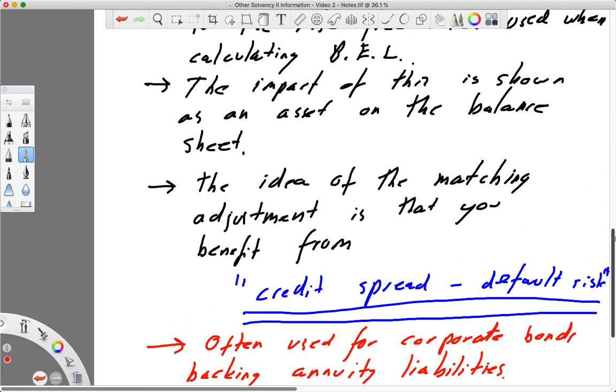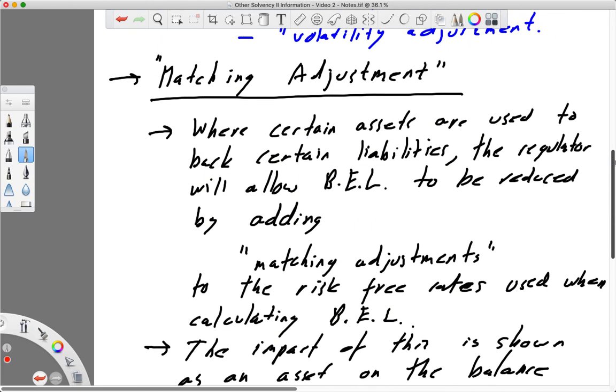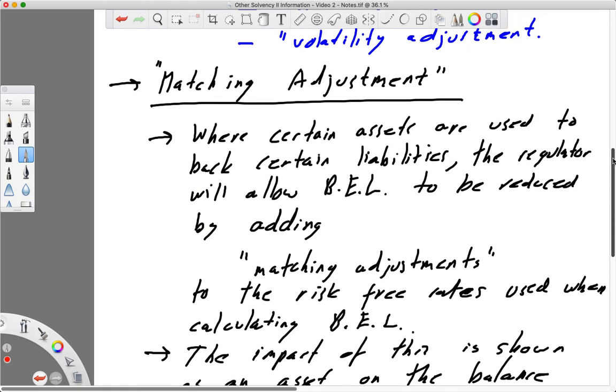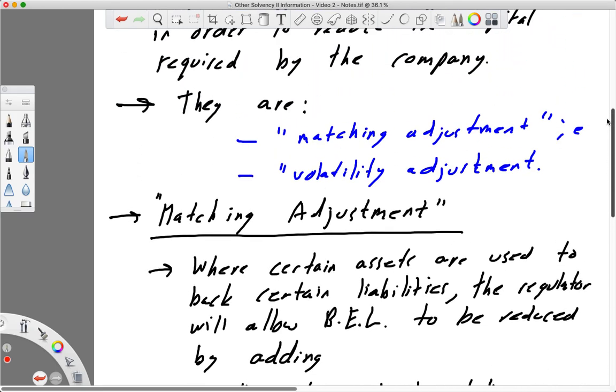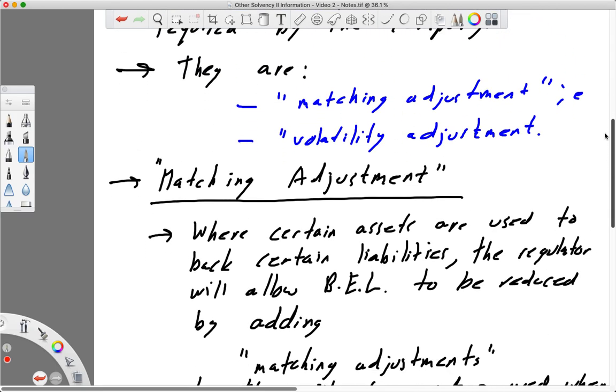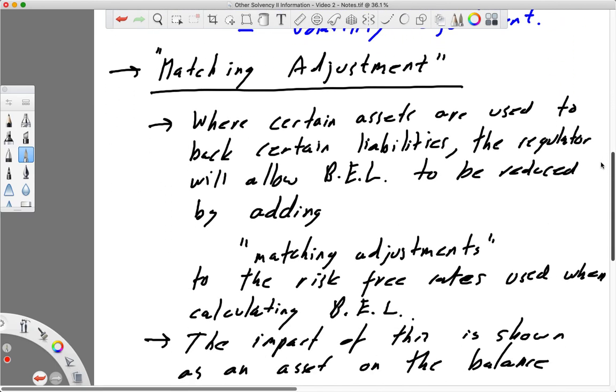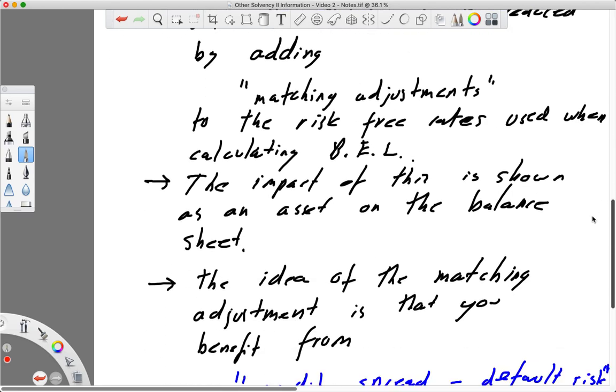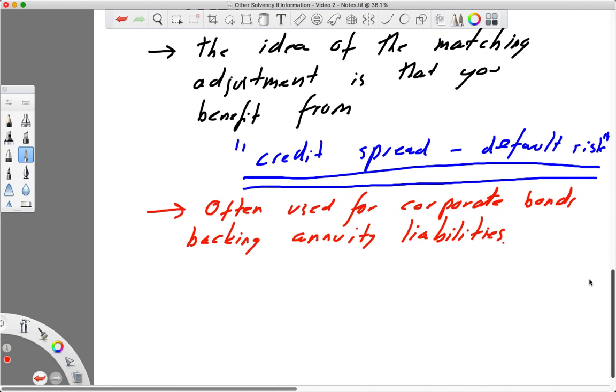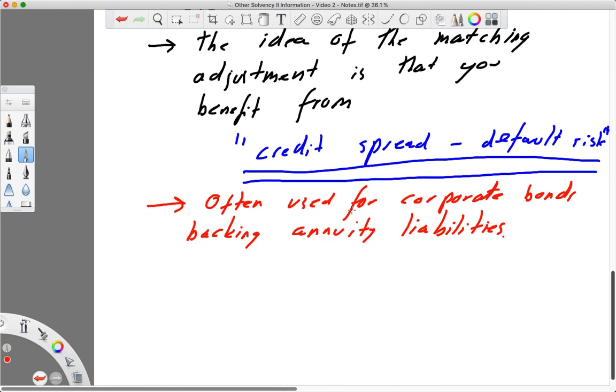You need to decide whether you want to use a matching adjustment, and you would need to justify to the regulator that you're meeting all the requirements that allow you to use a matching adjustment. But if you pass all of that, then you reduce the amount of capital that's required in your balance sheet.